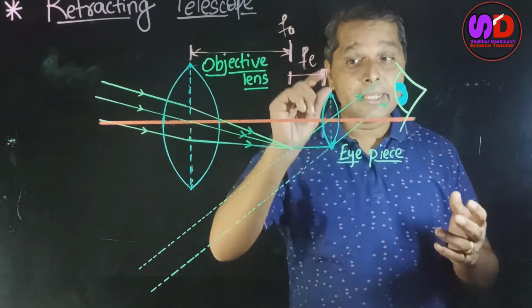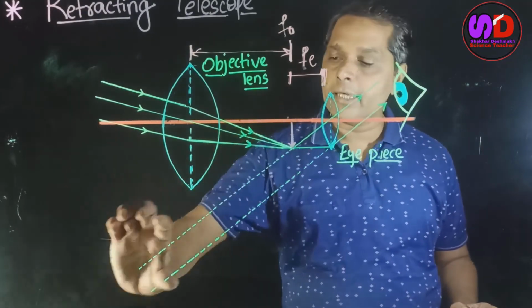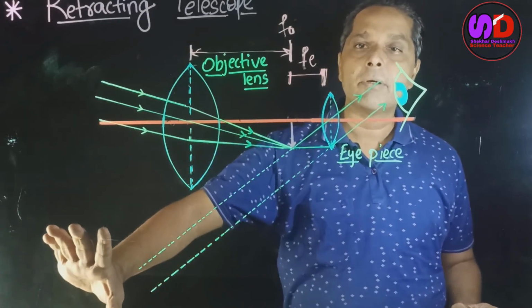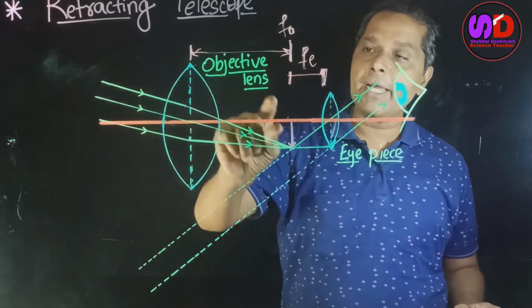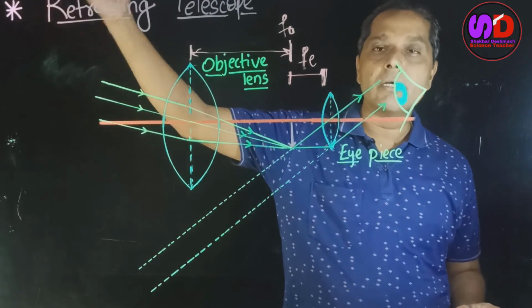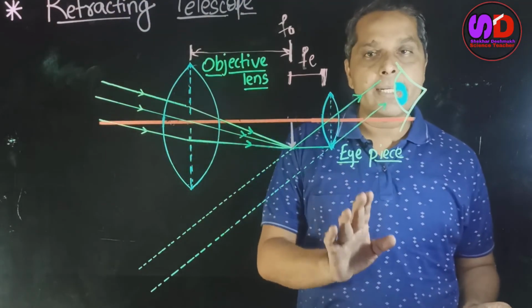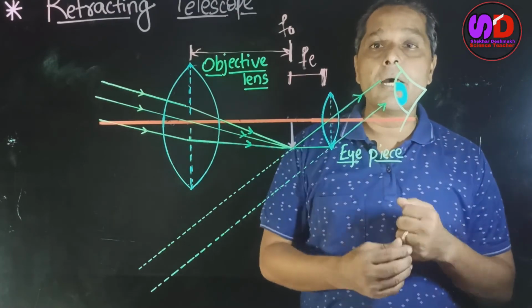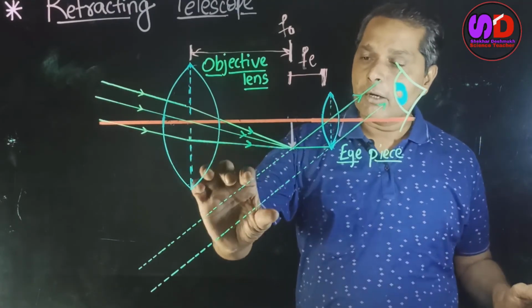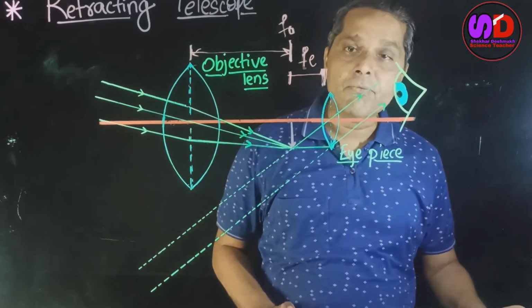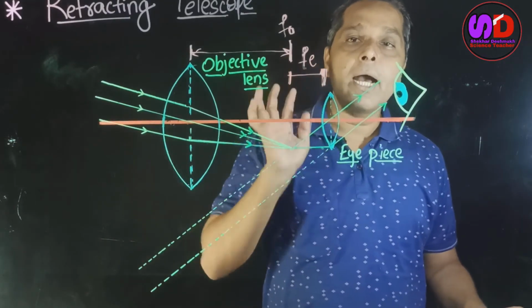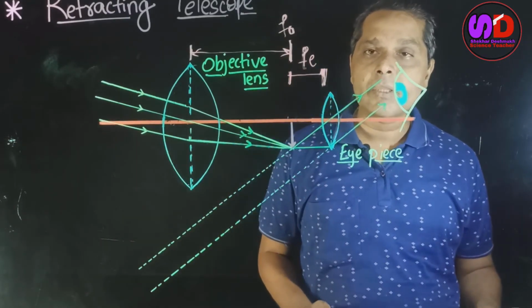Here the image we are getting is inverted, but the actual object is upright. So by telescope also we get an image which is upside down, but a very enlarged image using this eyepiece or eye lens.